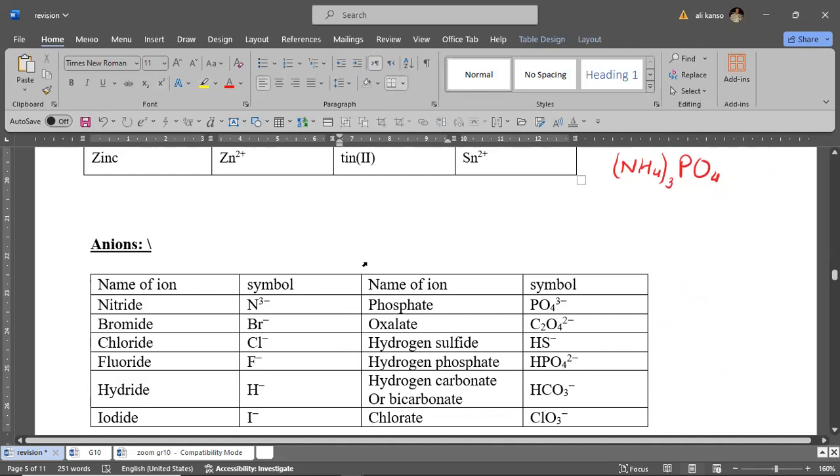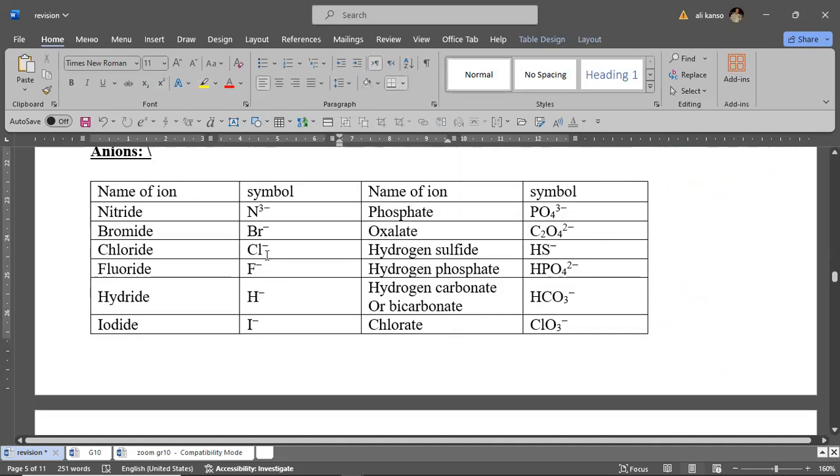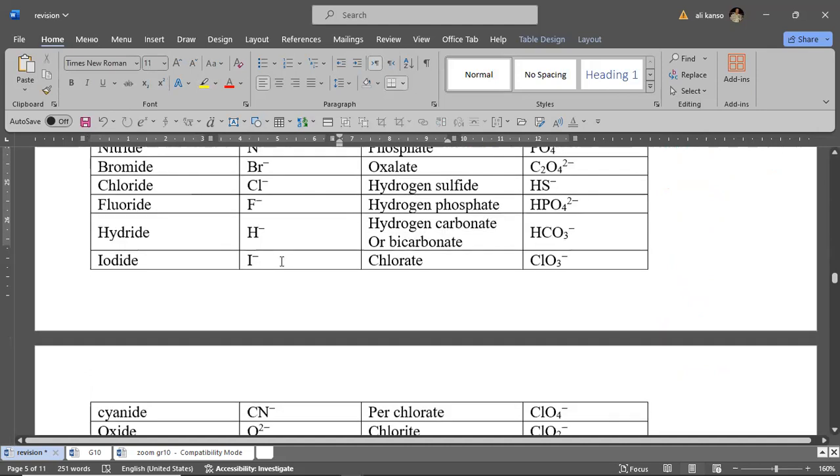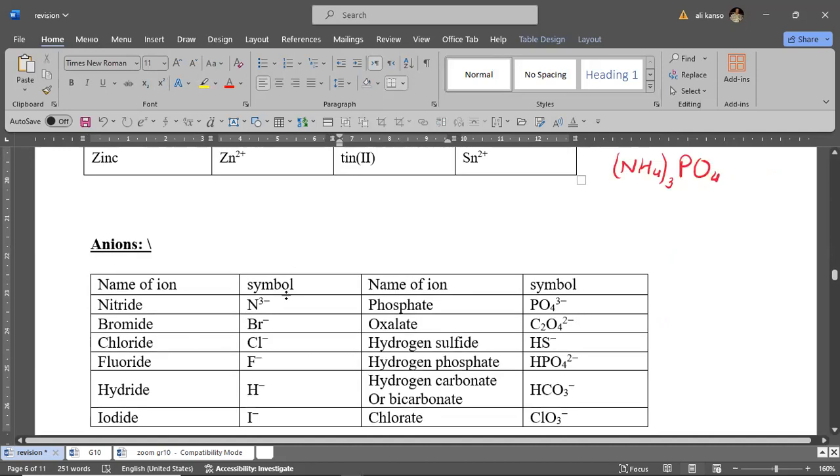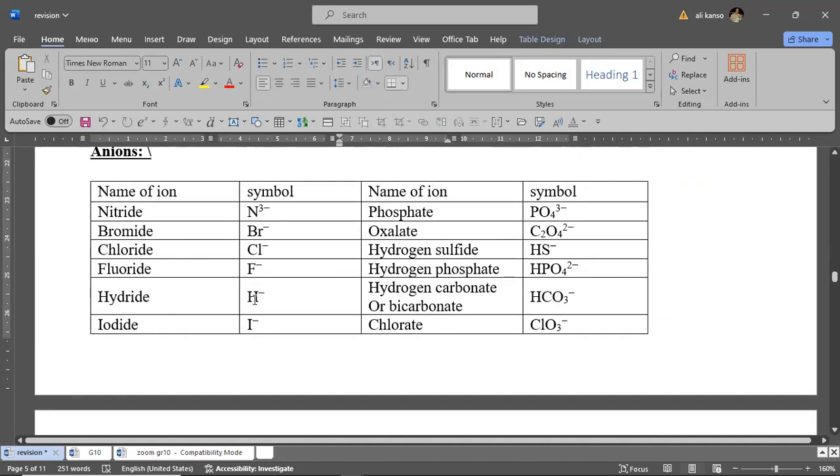On the other side, the anions. We can classify anions. To classify anions, we have anions with no oxygen, which are monoatomic anions, and we have polyatomic anions. The monoatomic anion is just one symbol, like N, Br, Cl.